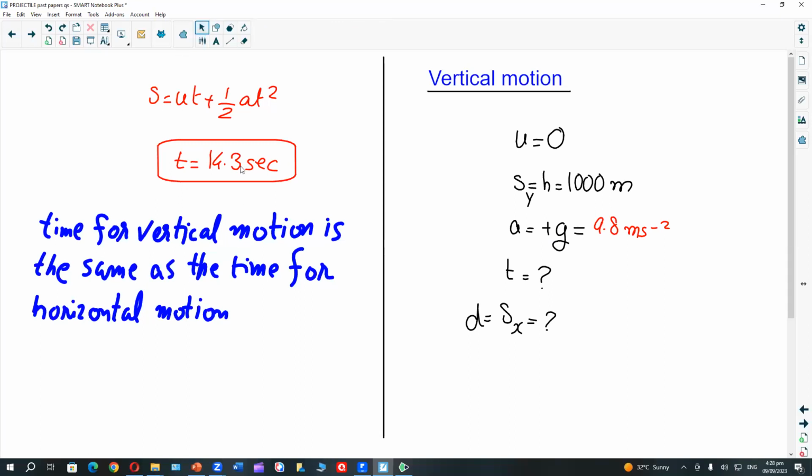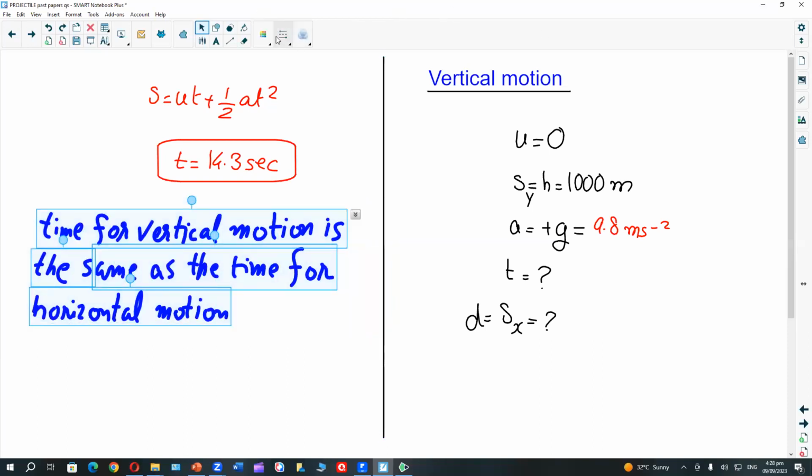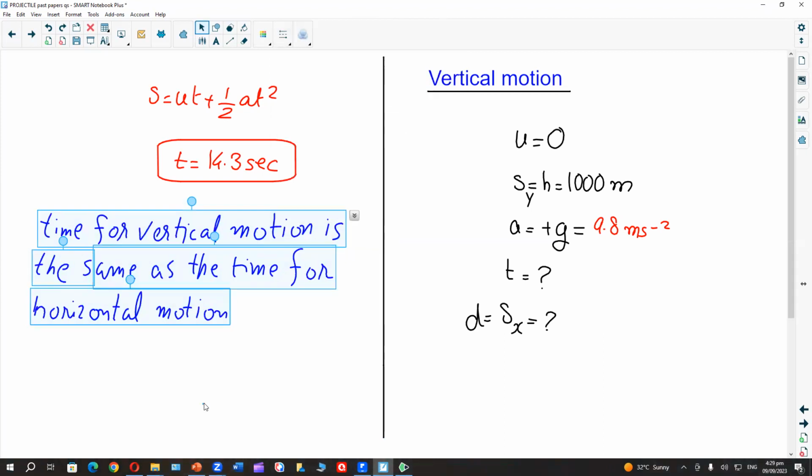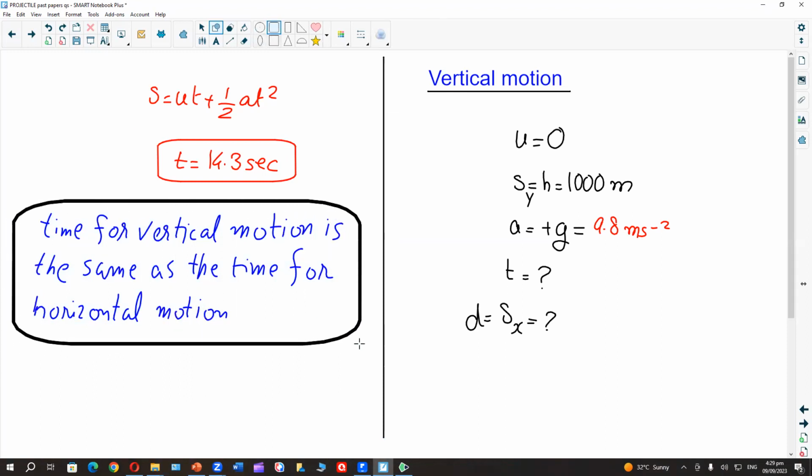Sir, will it be 214? 214. Okay, let's see. Both the times are equal. So time is something which is in a sharing feature.